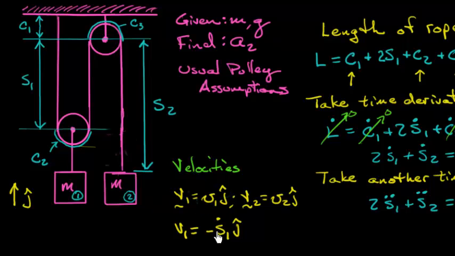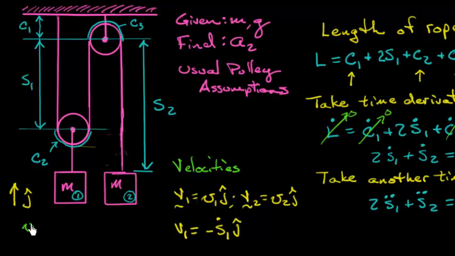So those two have the same magnitude, right? But they have opposite sign, because if S1 dot is positive, in other words, if S1 is growing, that means block 1 is moving downward. Downward is in the minus j hat direction. Does that make sense? In my experience, students just struggle with this to no end.